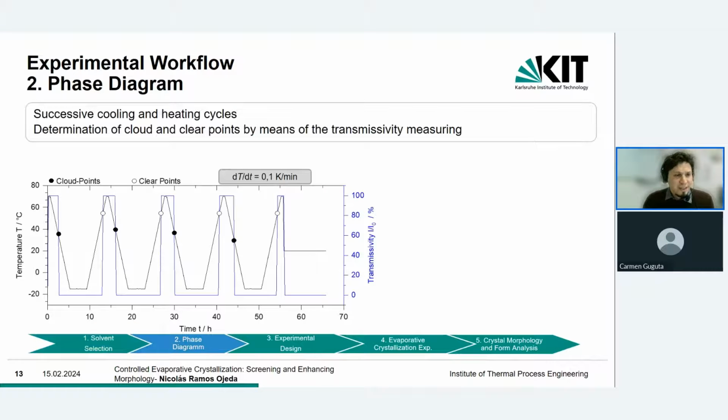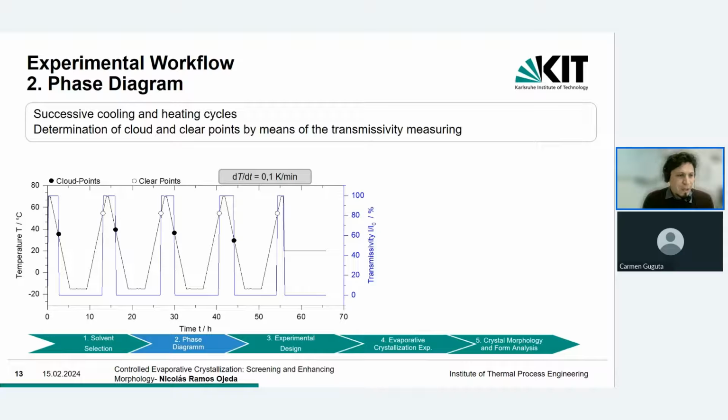To build the phase diagrams, we utilize Crystalline as well. And we apply, in particular, the polythermal variation method. So you see here the temperature over time. And what you can see is just successive cooling and heating cycles.